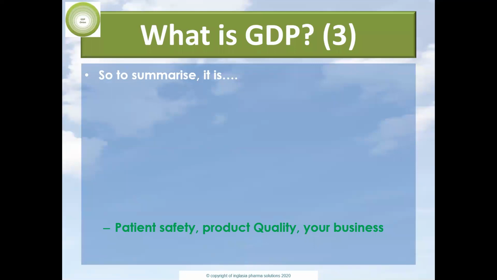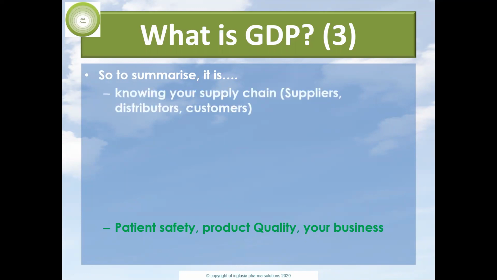What is GDP? In this section, there will be quite a number of topics that I cover, but the highlights and to just summarize is that we need to know the supply chain, the suppliers that we're sourcing from.